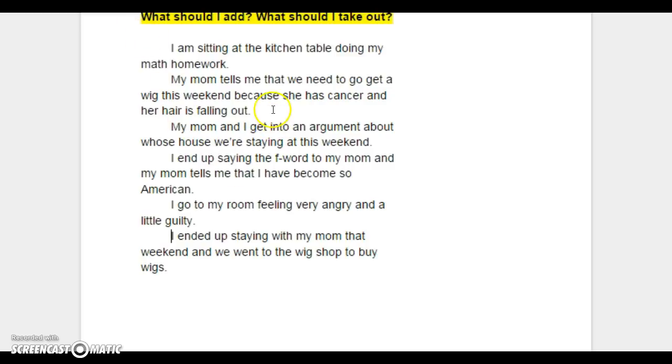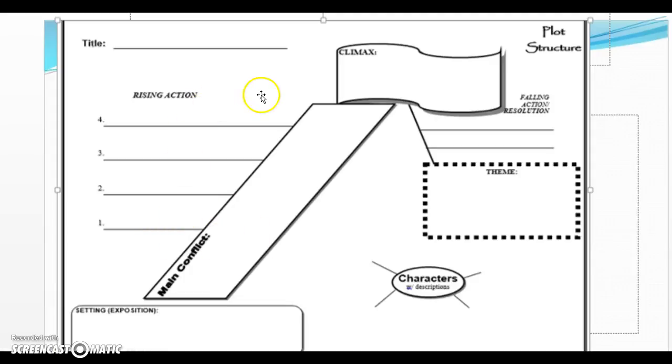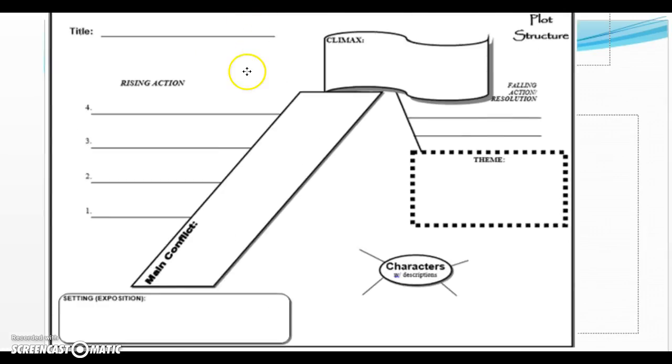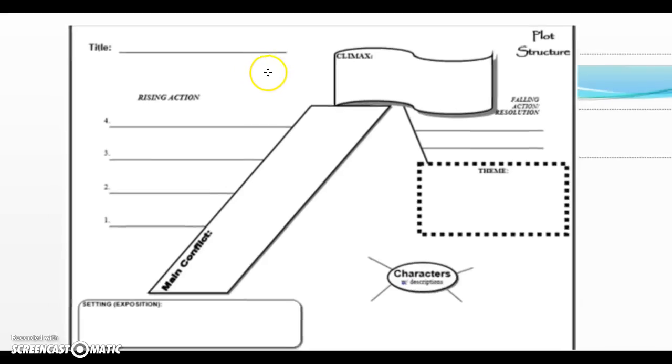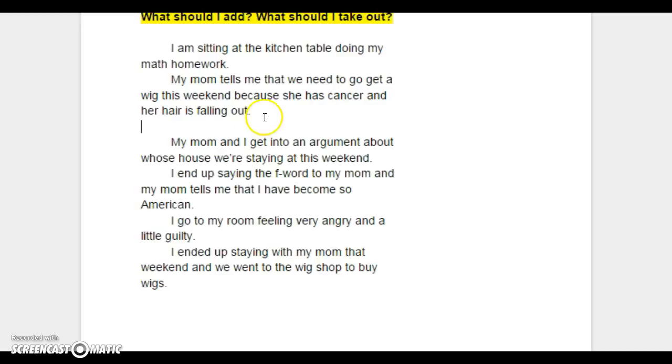Now, I want to add something in here that will contribute to my conflict and rising action and the tension that lead to my conflict. Here I don't have a detail that leads into the argument. So I'm going to add a part here about getting frustrated about my parents' divorce at school, because that contributes to me getting into an argument with my mom, and then eventually here the climax, saying the F word to my mom.